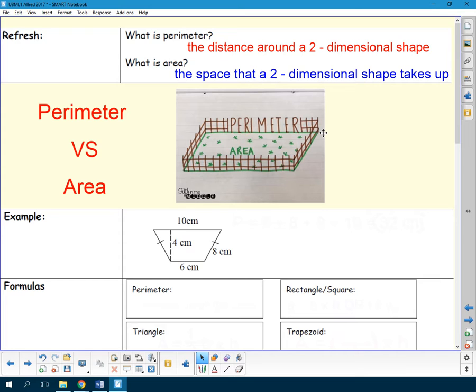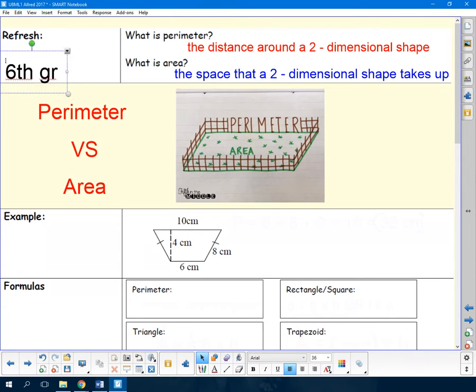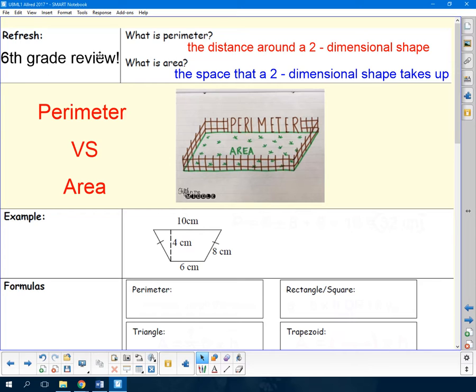How much space is inside that fence? That would represent the area. I guess you could call it a rectangle or a backyard or a garden if you wanted to. That should feel like a sixth grade review. Hopefully, I hope it does. If it doesn't, then we have a little bit more work to do than we hoped to in this unit. But that's what we did in sixth grade, area and perimeter.